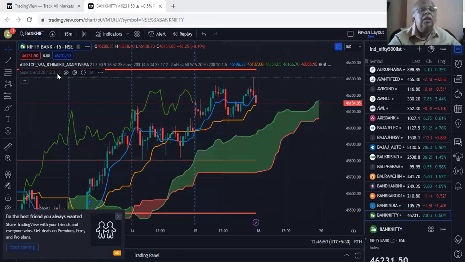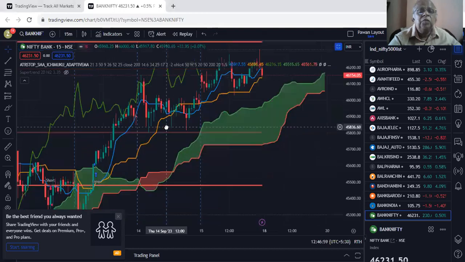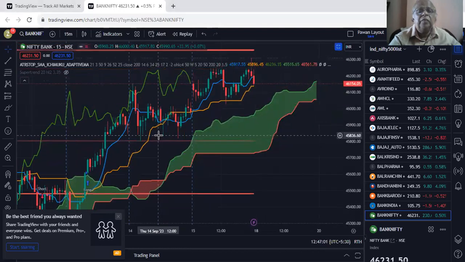Here I have taken the chart of Bank Nifty, where the Ichimoku trading system has been opened. See, you are seeing a number of lines here.